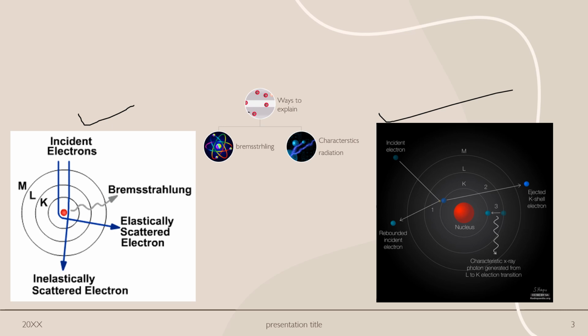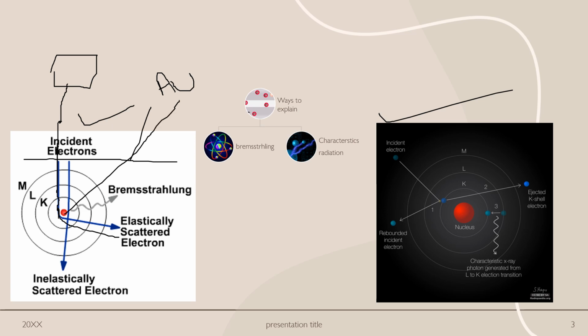Now, in the first way, when a battery gives high-intensity electrons towards the atom of a heavy metal, suppose this is a heavy metal, Au. When fast-moving, high-intensity electrons reach the atom of the gold, they penetrate until they reach the nucleus, and when they reach the nucleus they bend due to the attraction.